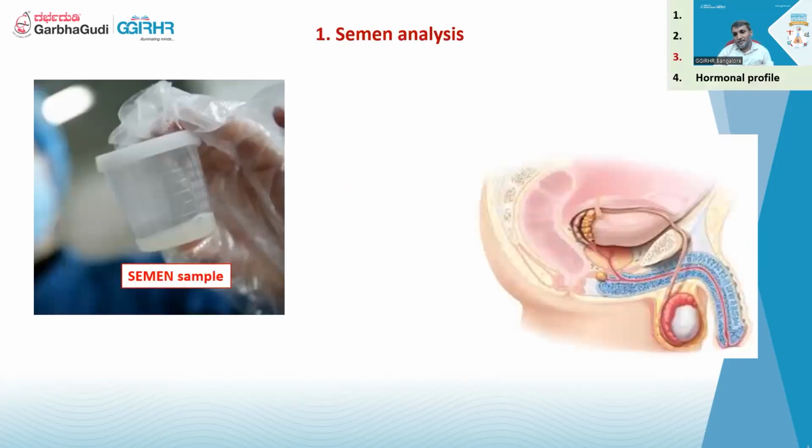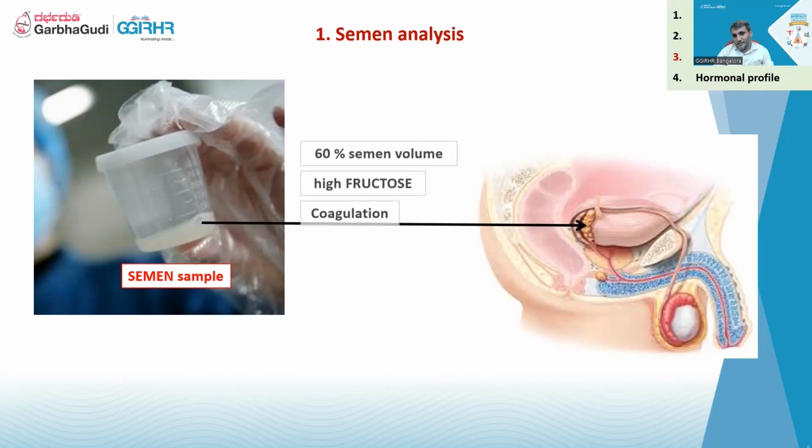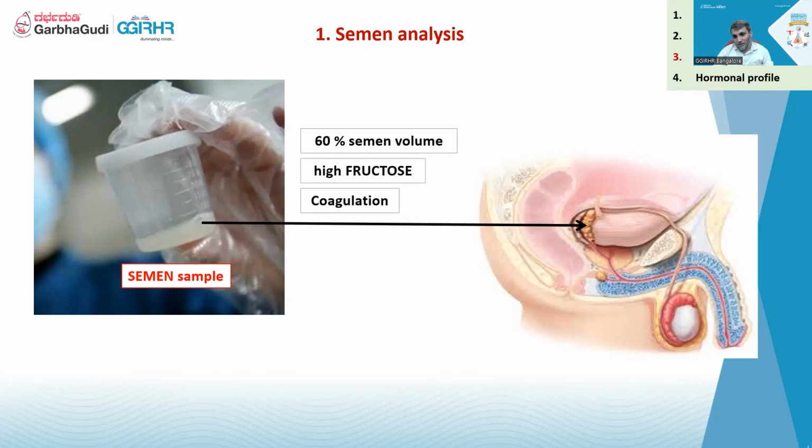You see, this is semen. I will not tell the names of the organs here. Sixty percent of the semen sample is contributed by the seminal vesicle, an internal organ of the male reproductive system, located behind the urinary bladder.